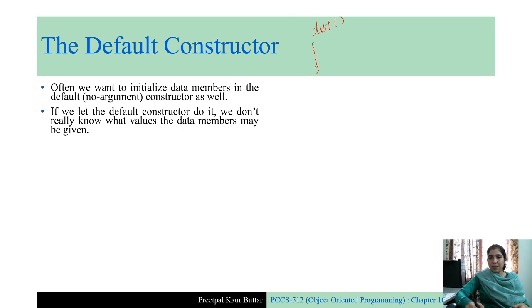If you do not create your own default constructor, the compiler will create it, and it will create the data members, inches and feet. Let me explain it more clearly.